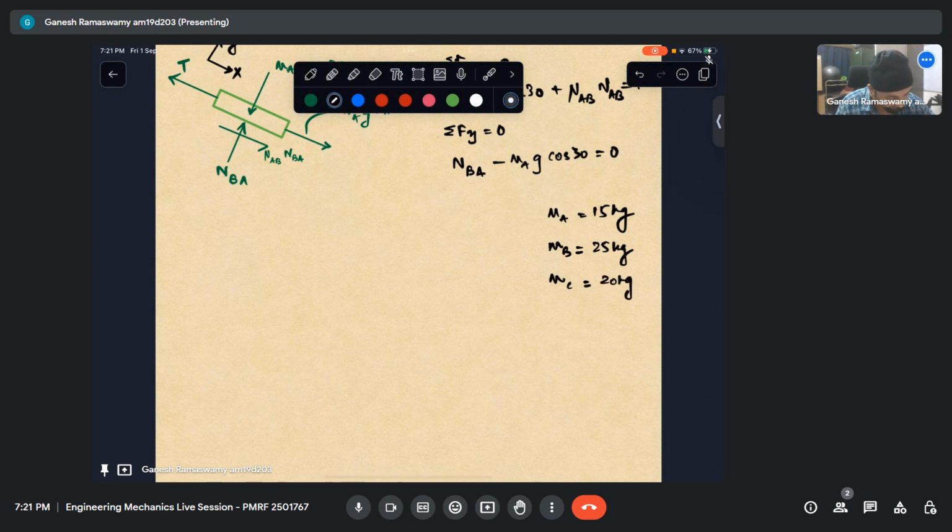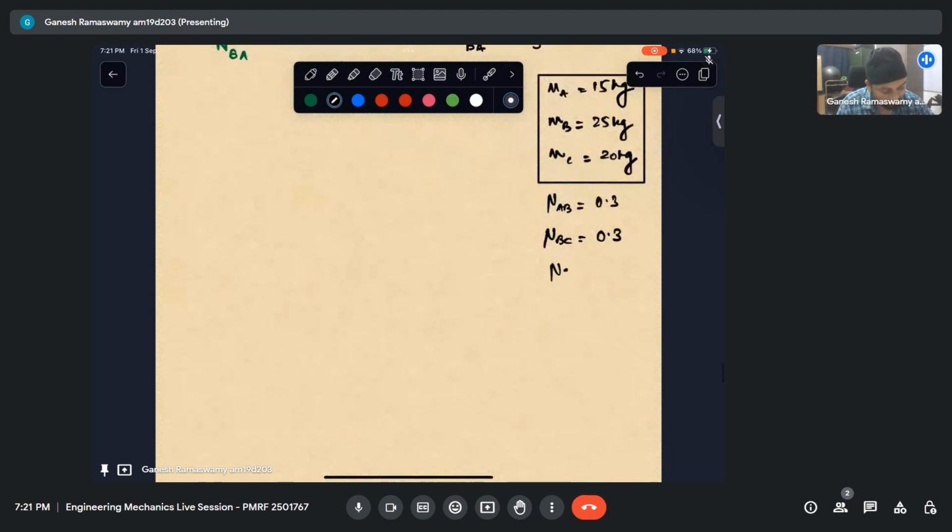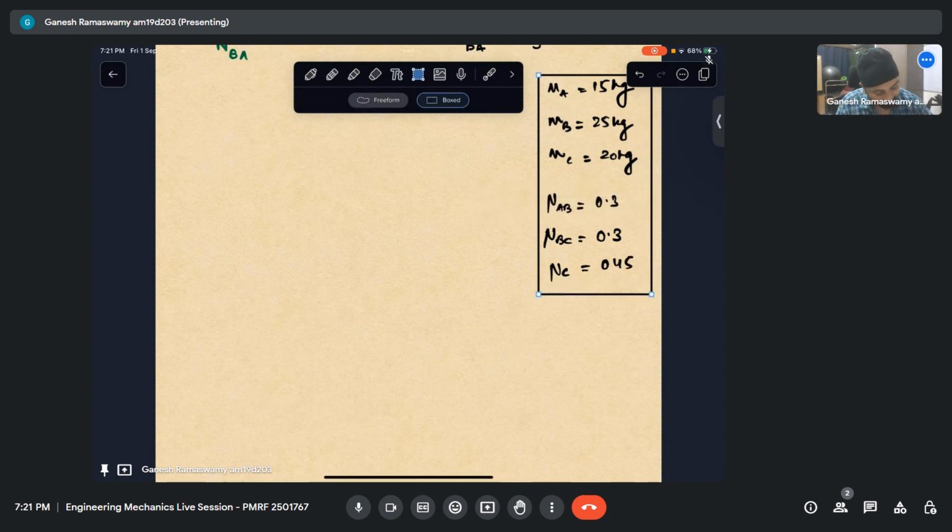So this is the data we have. Further, what we know is mu AB is 0.3, mu BC is 0.3, meaning the interface of box B and C, and mu C at the bottom or mu C with the floor is 0.45 is what is given. So this also we know. This is given data.